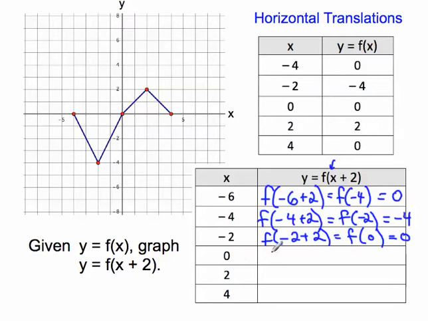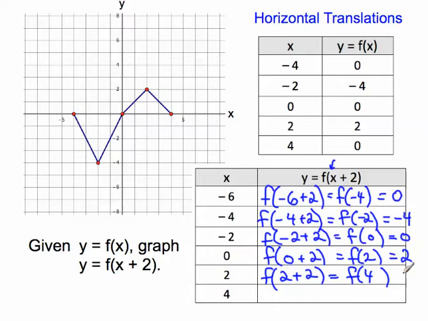When x is 0, f of 0 plus 2 is equal to f of 2, which is from above 2. And when x is 2, f of 2 plus 2 is equal to f of 4, which from above is equal to 0.